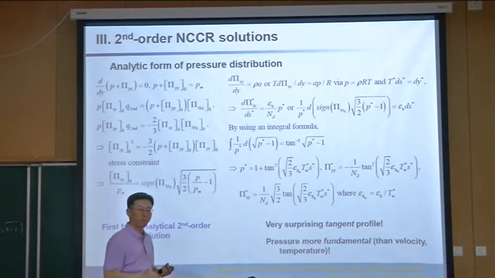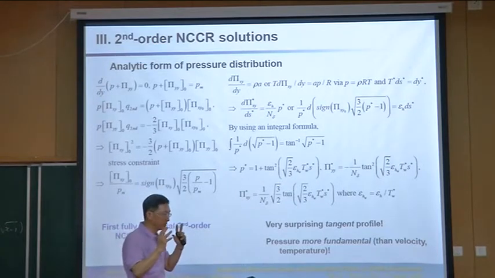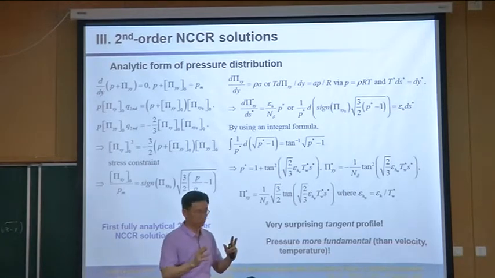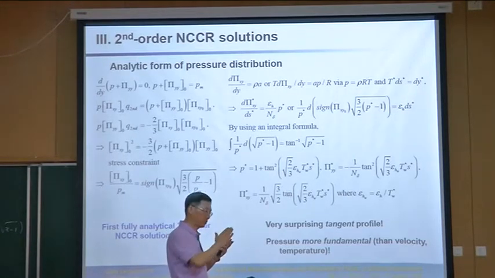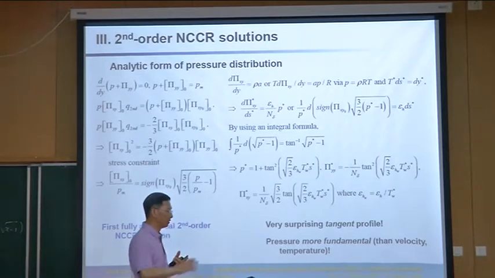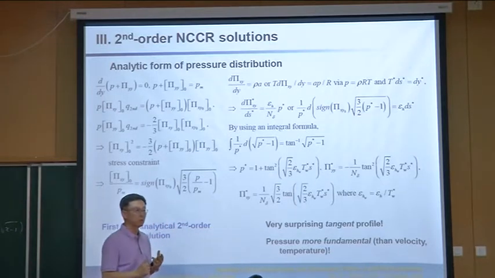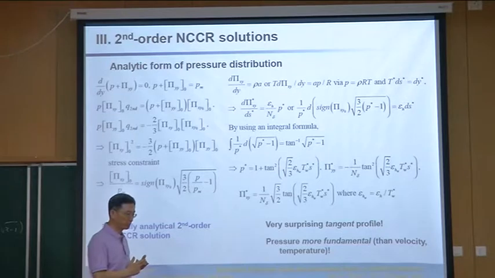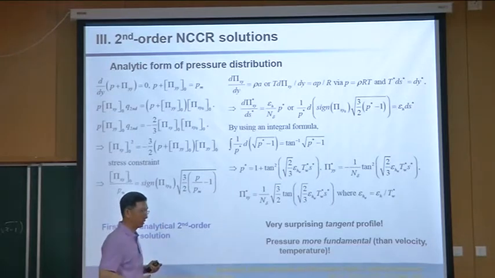Any data showing otherwise is, in some sense, wrong. So the pressure must be, in particular for force-driven Poiseuille flow, a center minimum, near 1. At this moment, we don't have experimental data to support that, but DSMC and molecular dynamics support exactly that.